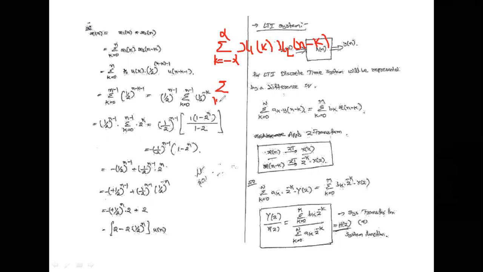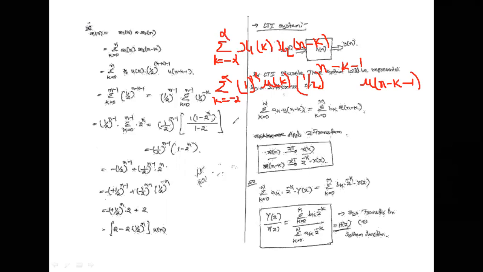Sum of k equal to minus infinity to infinity, 1 whole power k mu of k, and the second function is (1/2) whole power n minus 1. Actually, instead of n minus 1, n changes to n minus k minus 1, and mu of n minus k minus 1.